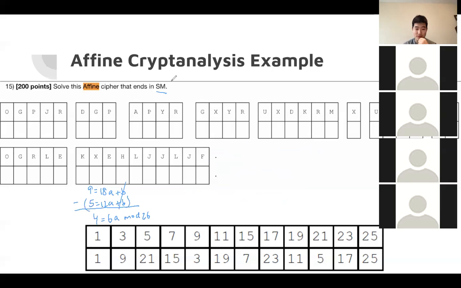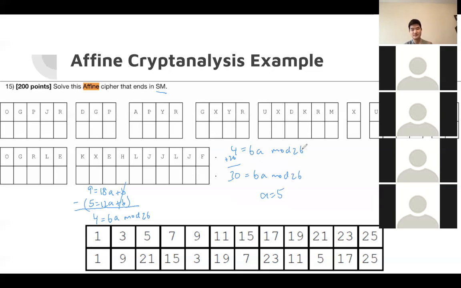Usually you have to add 26 a couple of times to find a multiple, but what I was hinting at is that this is the same thing as 4 plus 26, which is 30 equals 6a mod 26. This time luckily we only had to add once, so a is 5.